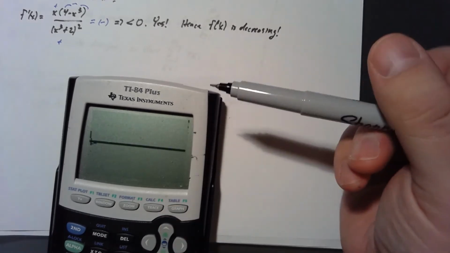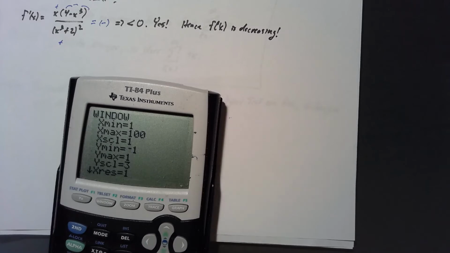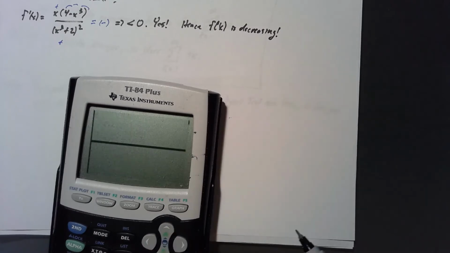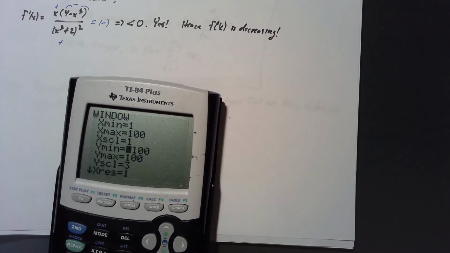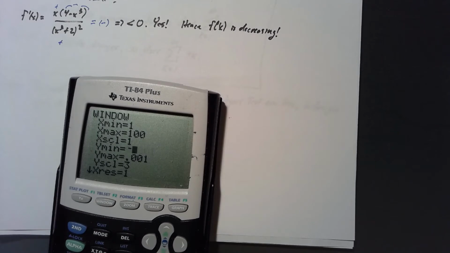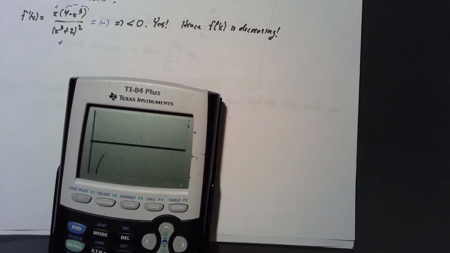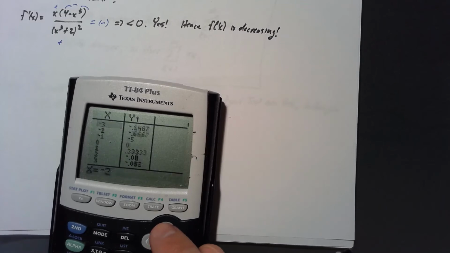Let's look at the graph now. I might have to adjust the window again, trying to get a good idea of what these values should be between.